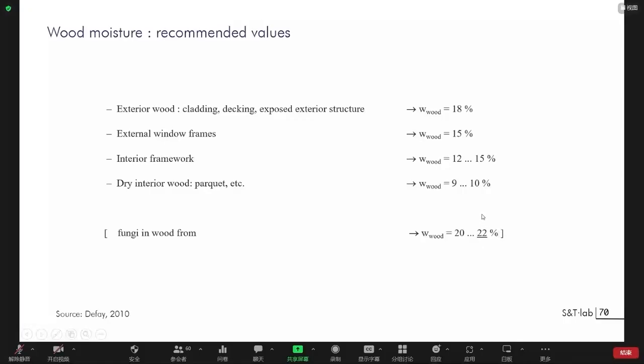And so if you have a timber that has been dried to a lower level than this, fungi and afterwards wood boring beetles won't attack timber. So the best way to protect timber against biological risk would be to dry it, with the question of doing it naturally or not naturally. If you want to dry timber naturally, you won't be able to go below 18%. So that's a question you have to balance in the design.